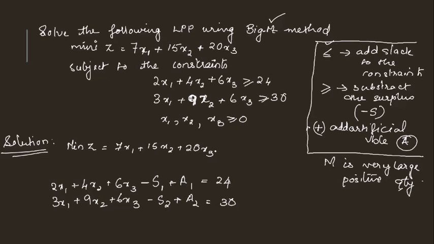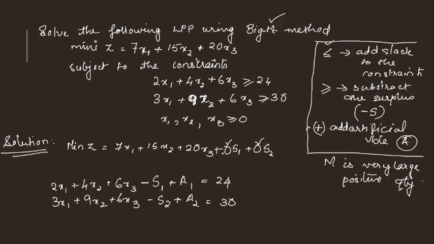You will have to do some technicalities here, not very complex. Here I'm going to introduce my surplus variables s1 and s2, and the coefficients of s1 and s2 I have kept as 0.